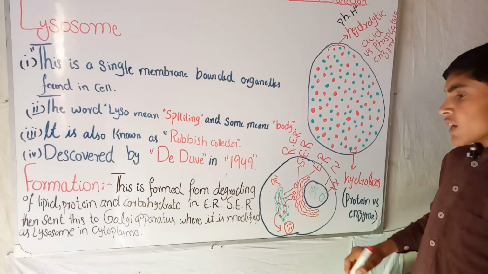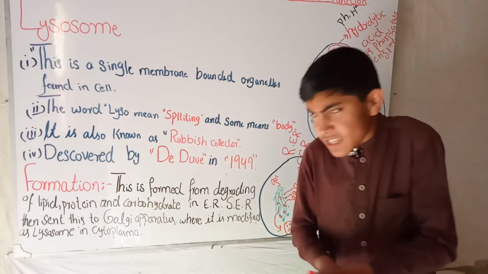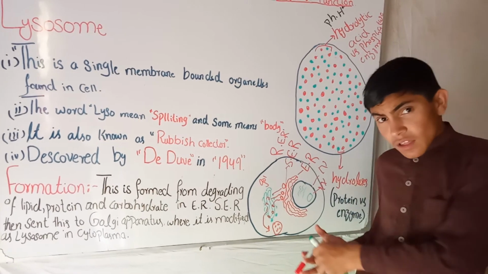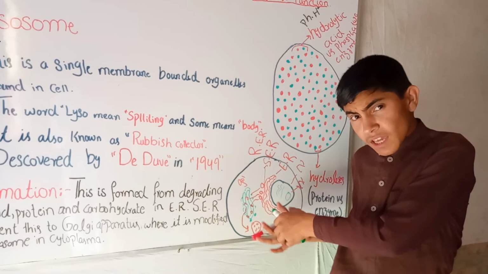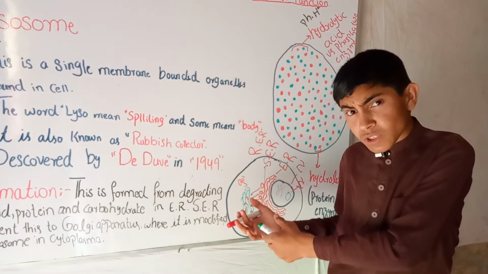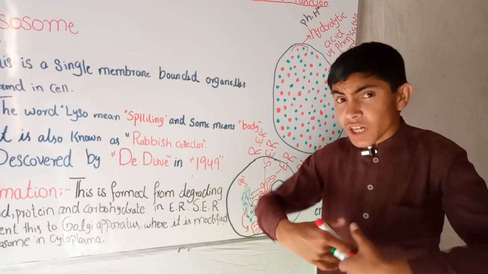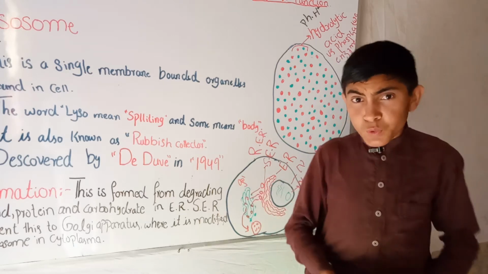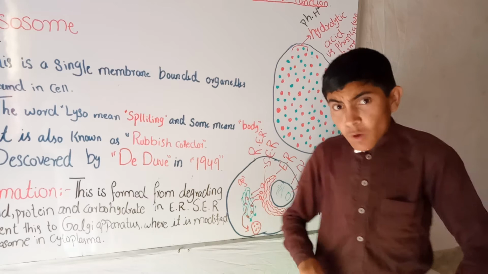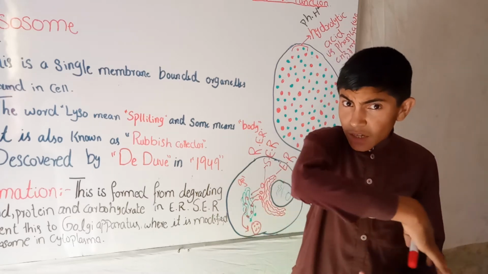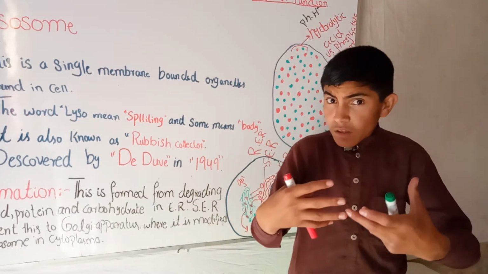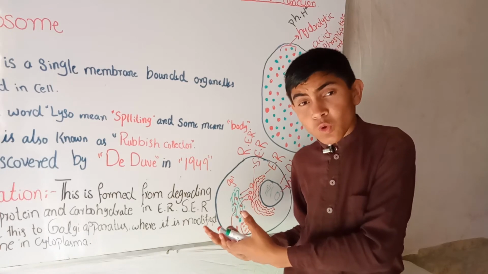So actually the conclusion is this: the endoplasmic reticulum, and particularly the smooth endoplasmic reticulum, sends the lipid, protein and carbohydrate in the form of vessels to the next part, the Golgi apparatus, where it is modified and converted into a form called a lysosome.